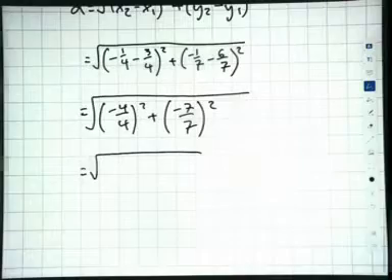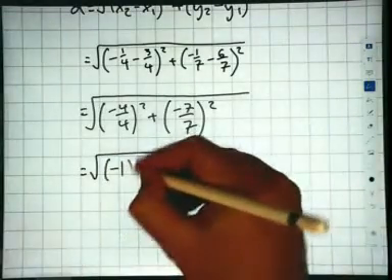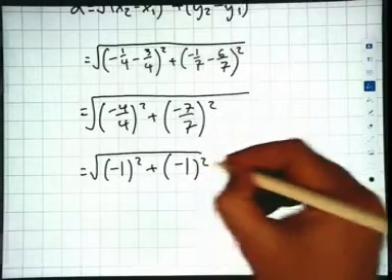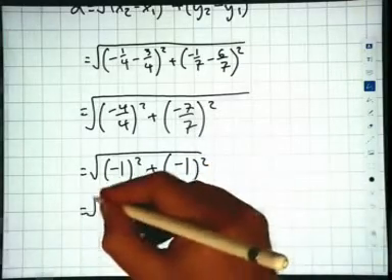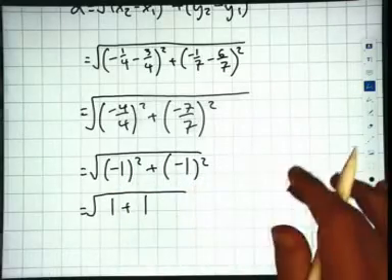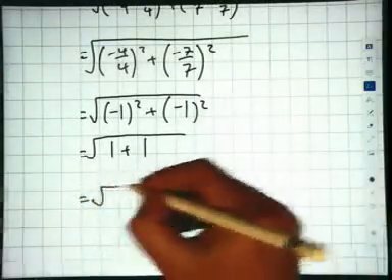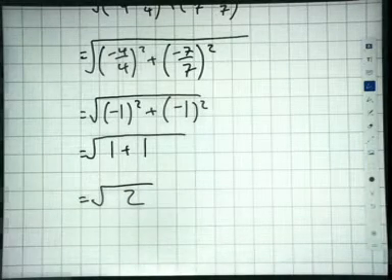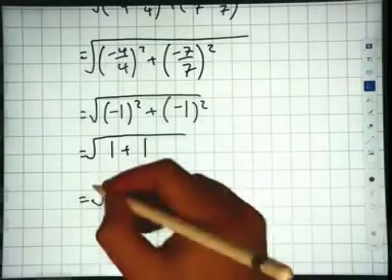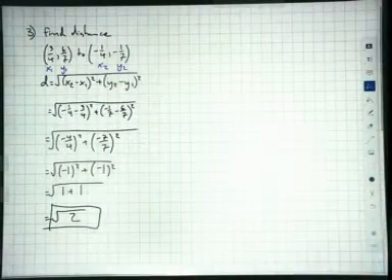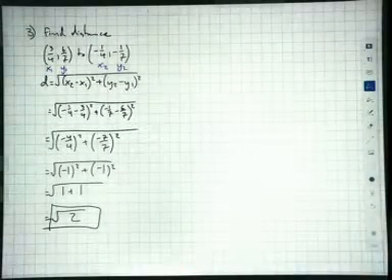I would simplify the fractions before I square them, so you get negative 1 quantity squared plus negative 1 quantity squared, which becomes 1 plus 1, square root of 2. Now, was that so bad?